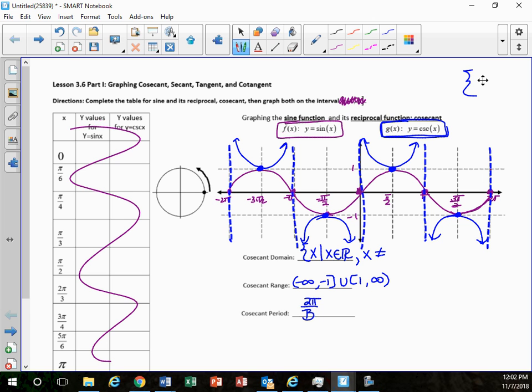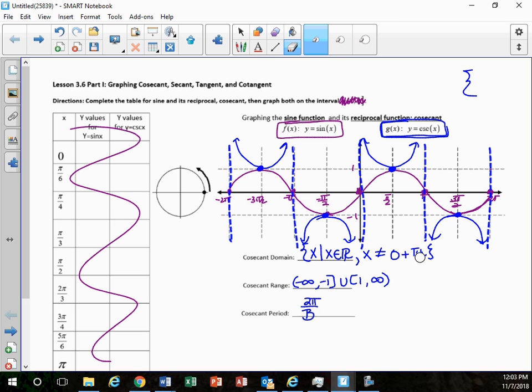So the easiest thing to do so that you're consistent is tell me where one asymptote is. Like I would call this your first asymptote. Where is that? 0. So we know it can't be 0, right? And then plus, what is the distance between asymptotes? Pi. So plus pi k. The k represents integers.